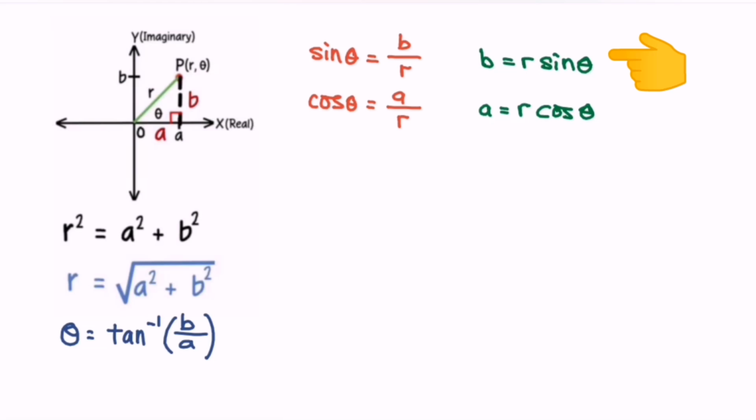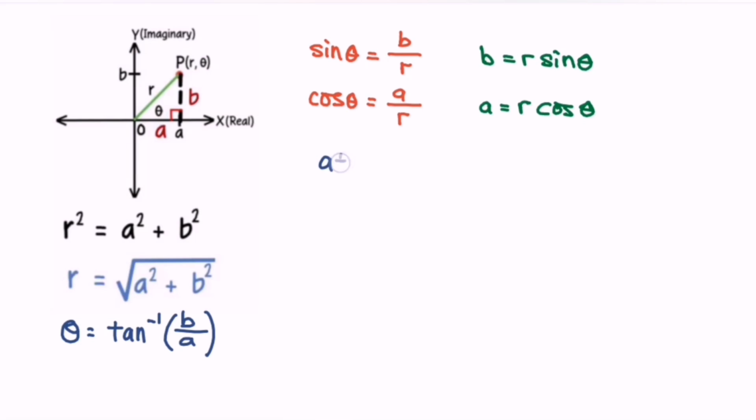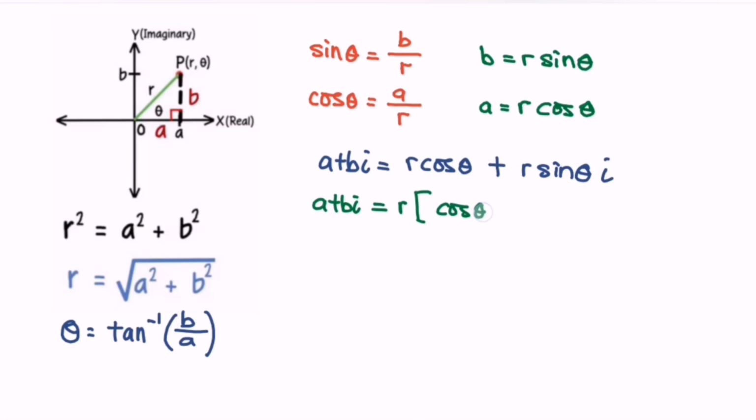So for the complex number Z, we have A plus Bi is equal to R cos theta plus R sin theta multiplied by i. Notice that we have a common factor for both terms, which is R. So kindly factorize, and we will have A plus Bi equal to R multiplied by cos theta plus i sin theta.